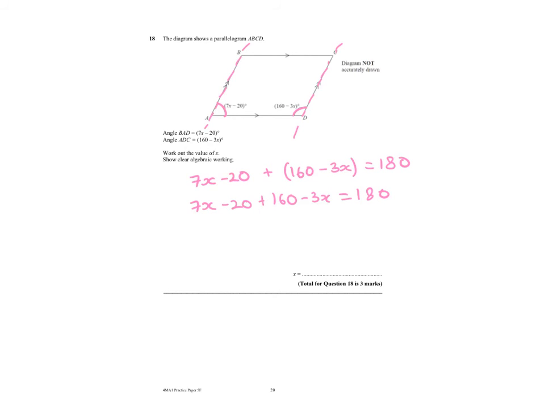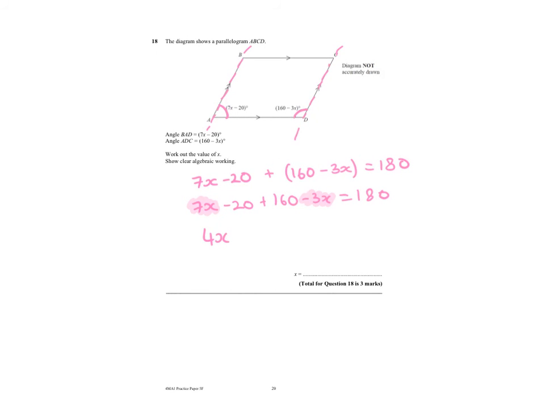If I collect like terms, 7x minus 3x is 4x, minus 20 plus 160 is plus 140 equals 180. Now if I take away 140 from both sides, I have 4x equals 40. Divide both sides by 4, x equals 10. So we have 10 degrees.